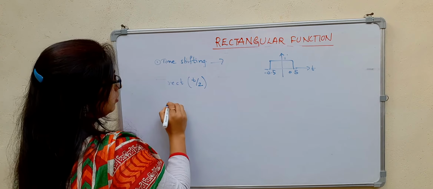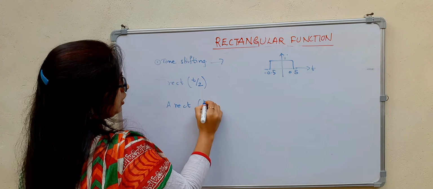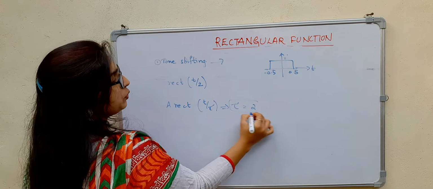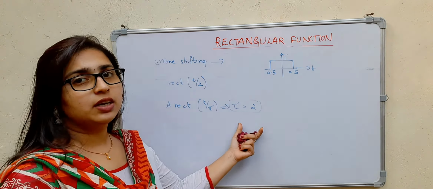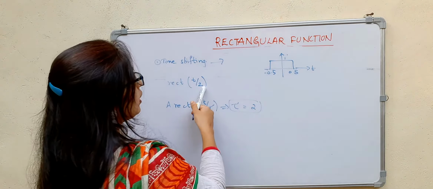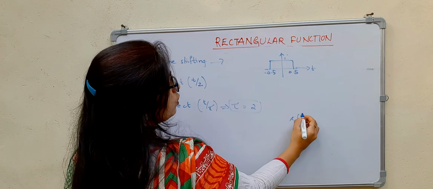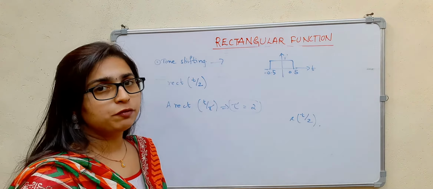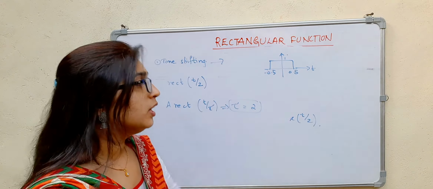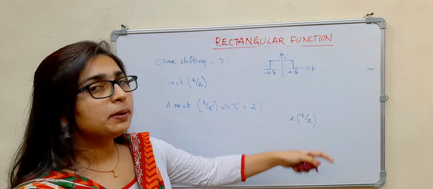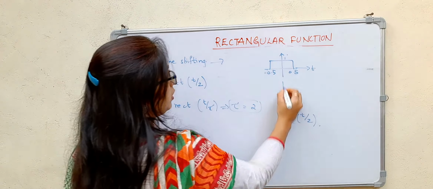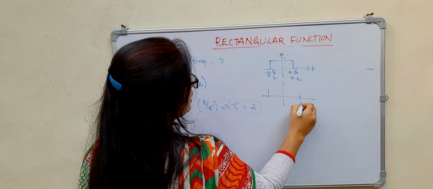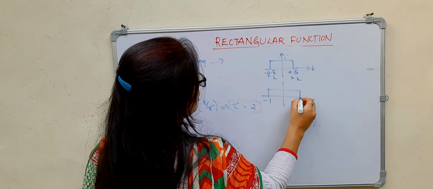From the definition, you know here that tau is equal to 2. That means the total width here is equal to 2. Okay, but remember x of t by 2 means you are having the expanded version of your signal x of t. That means the time here will be multiplied by 2, right? So here into 2, that means it is 1 and here it is minus 1.